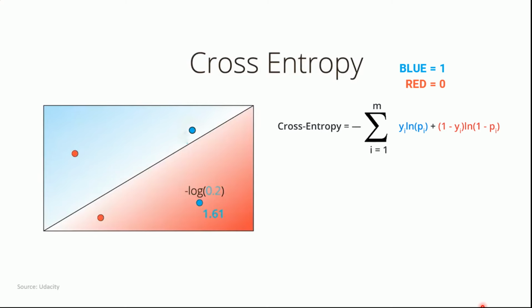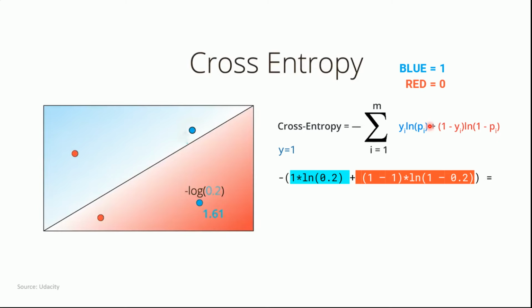Now, what happens here? Okay, we know that since the point is blue, the label that followed it was 1 while we trained, right? So what happens here is we multiply by this chance, which is a 0.2 likely, and 1 minus 1 gives us 0.